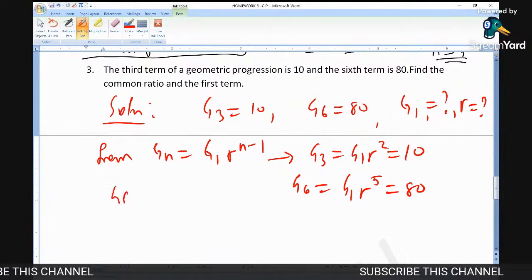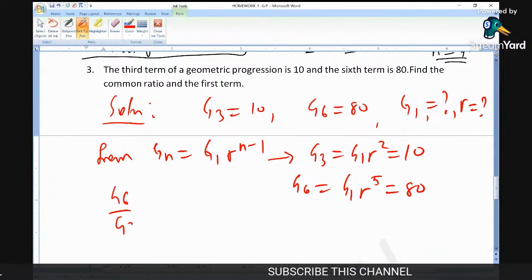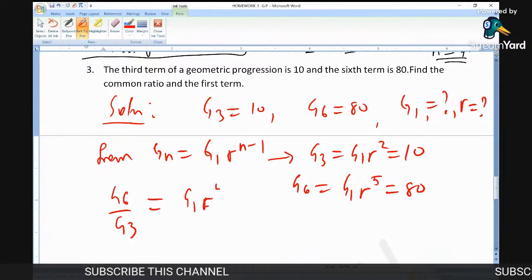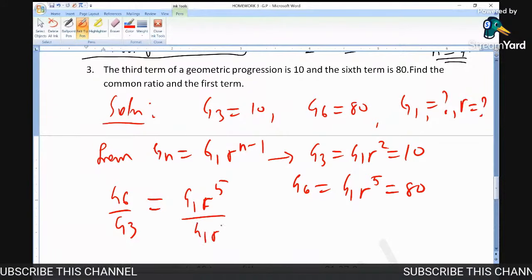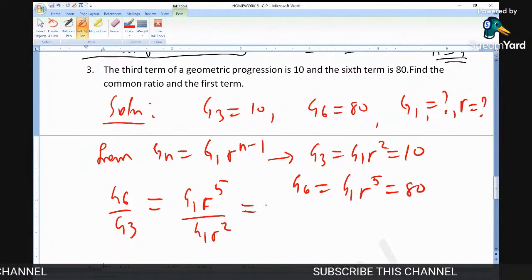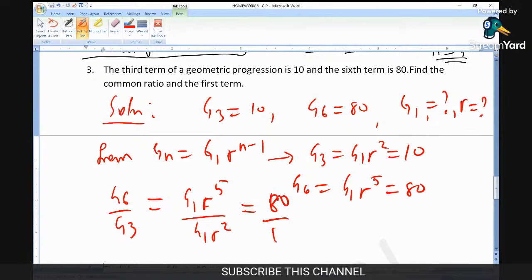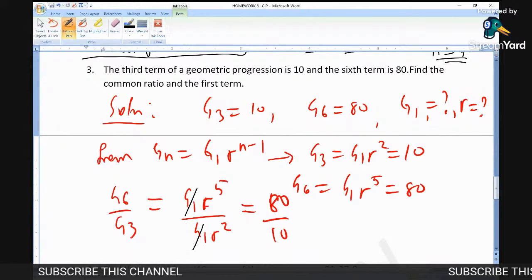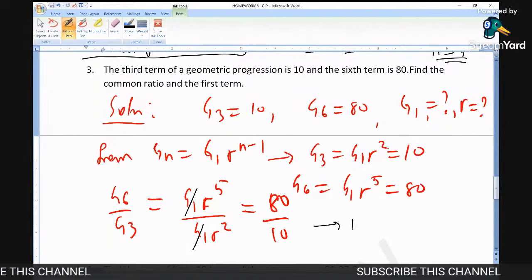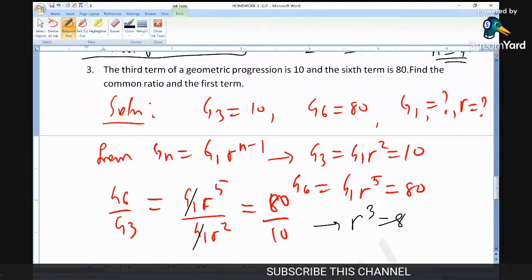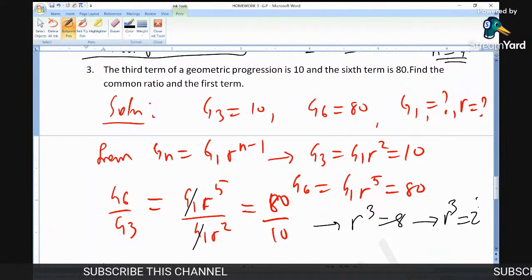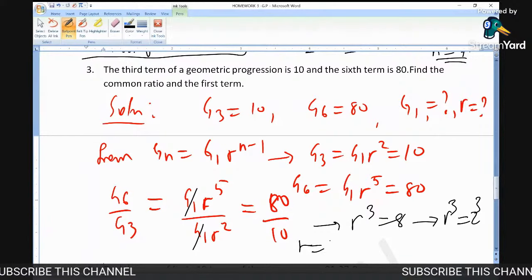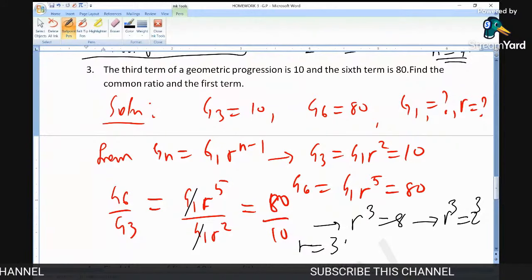So taking G6 over G3, it is G1 R power 5 over G1 R square equals 80 over 10. And from this, G1 cancels, remaining R power 3 equals 8, meaning that R power 3 equals 2 power 3.